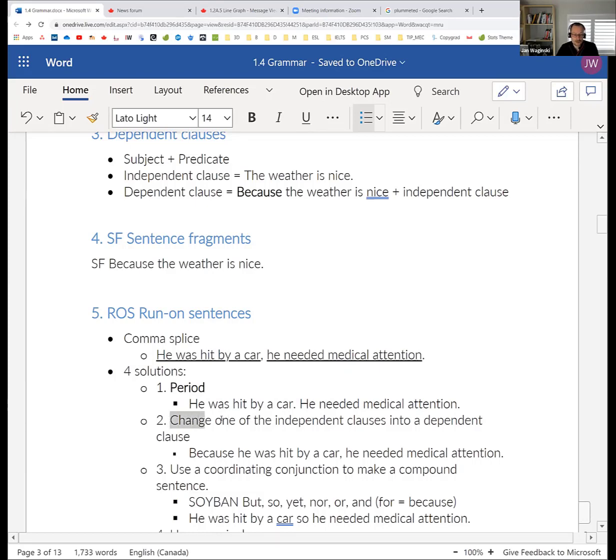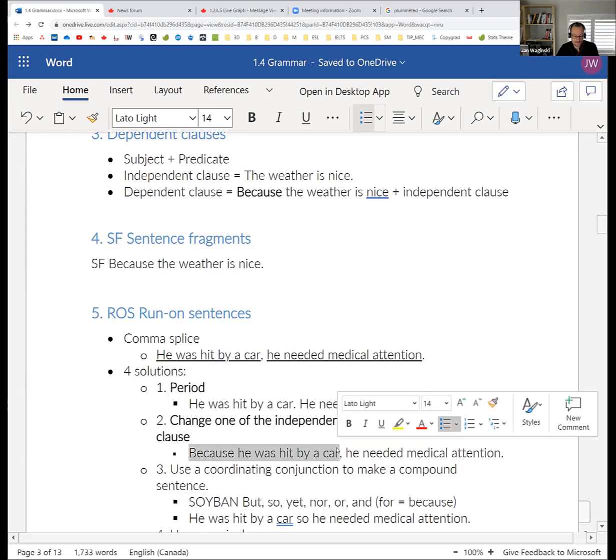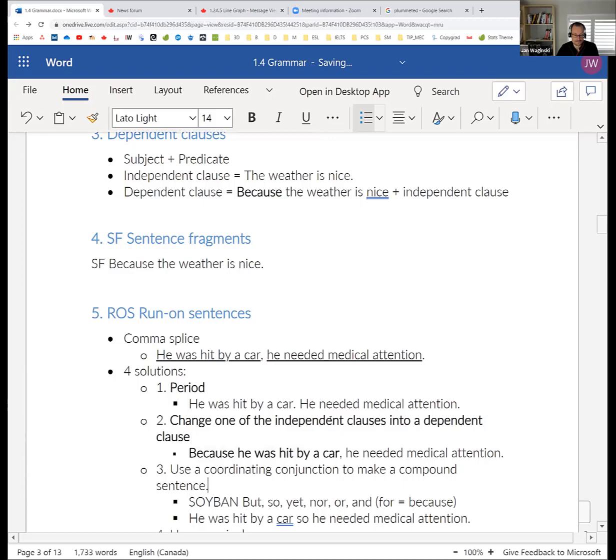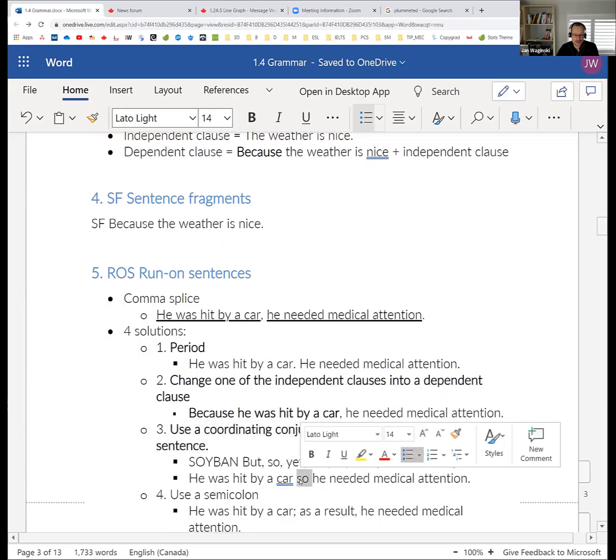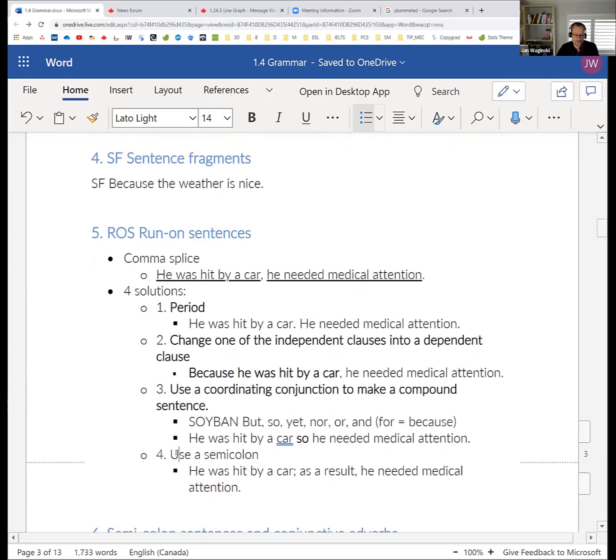2, change one of the independent clauses into a dependent clause. So just putting because at the beginning, because he was hit by a car, he needed medical attention. You could use a coordinating conjunction to make a compound sentence. He was hit by a car, so he needed medical attention. Or finally, we talked about semicolon sentences.